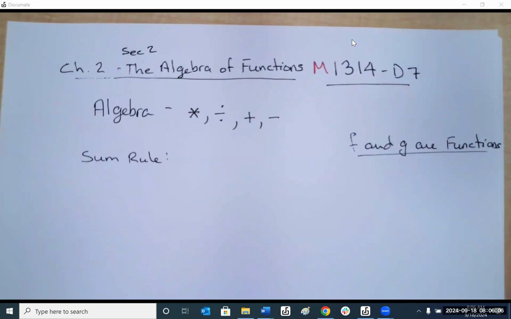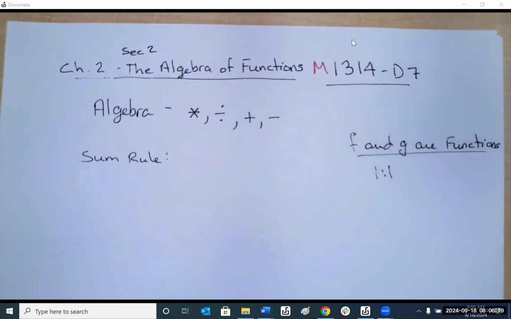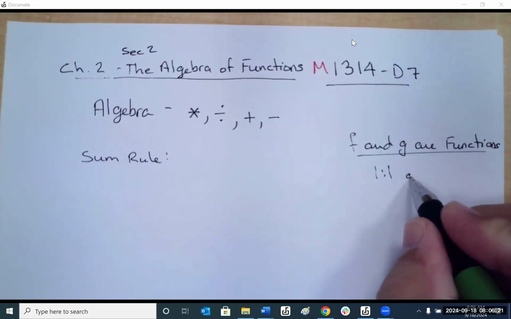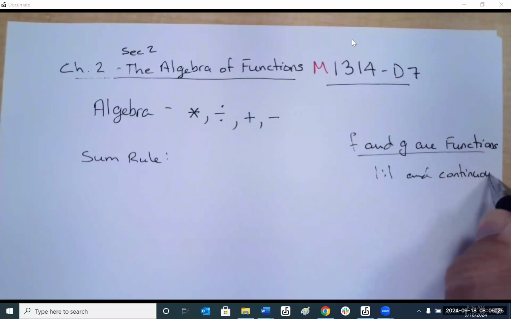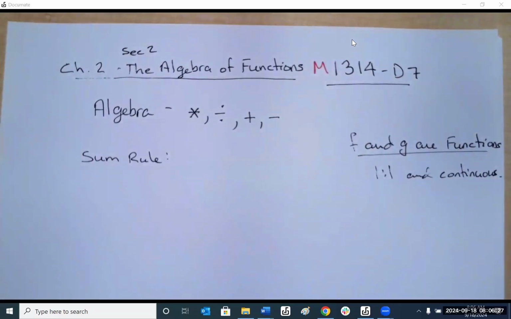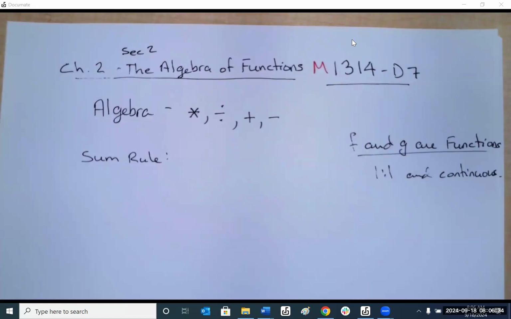If f and g are functions, why is that such an important statement? Well, function means that each x point corresponds to y, right? Yes. So it's one-to-one. And preferably continuous.